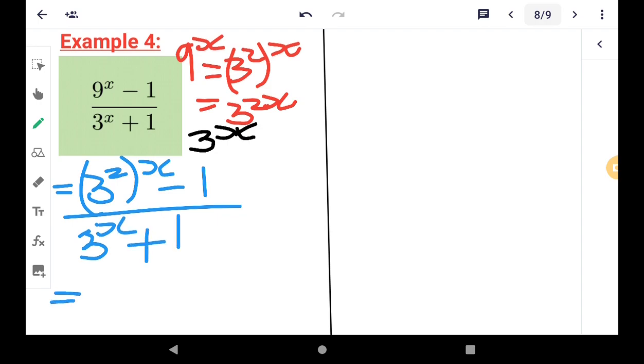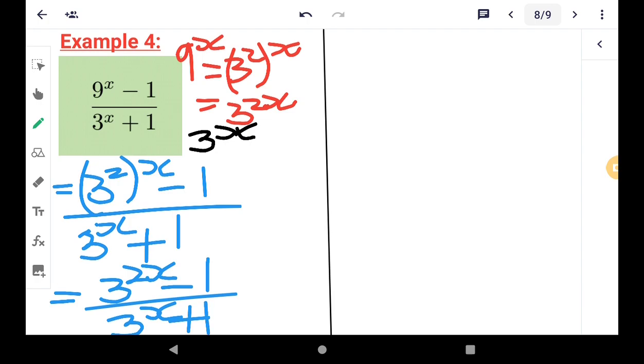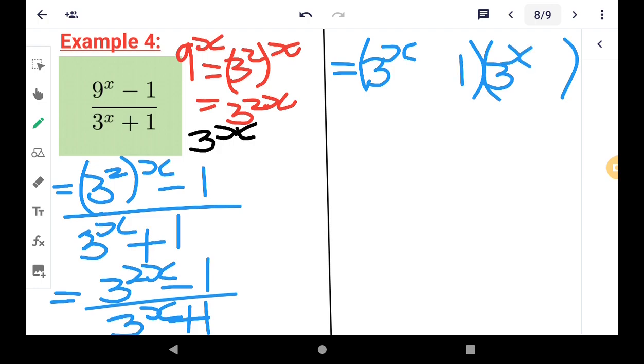And so that is equal to 3 to the power of 2x minus 1 over 3 to the power of x plus 1. Now you use your knowledge of factorizing the difference of two squares, and that becomes two brackets, and in the first one you put the square root, which is 3 to the power of x, and in the second term you put the square root of the next term, which is 1.